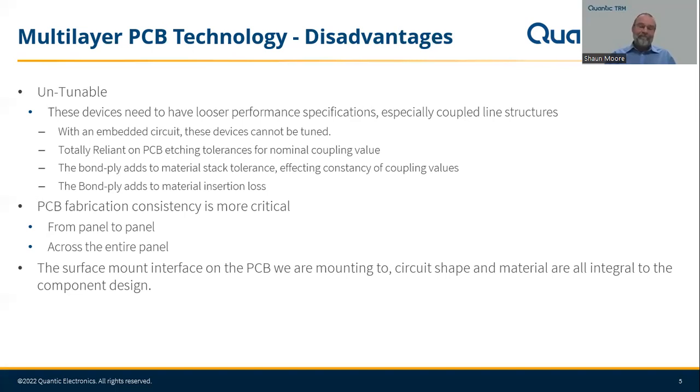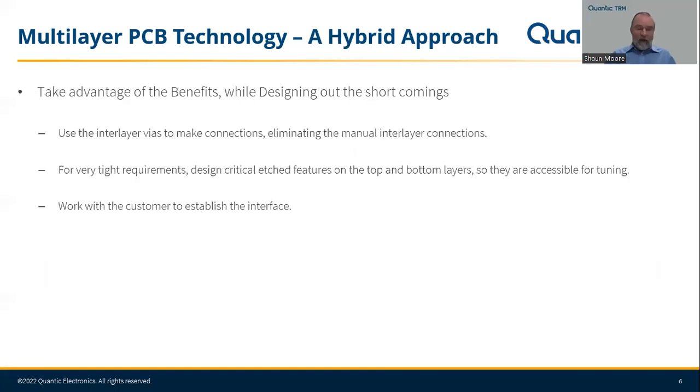Okay, well, that certainly makes sense. Are there ways, Shaun, to manage the disadvantages or to modify the design so we could still be able to seize upon the pluses? Absolutely, and really, I think a lot of the advantages within a multi-layer PCB has to do with control of vias. That is a tremendous benefit.